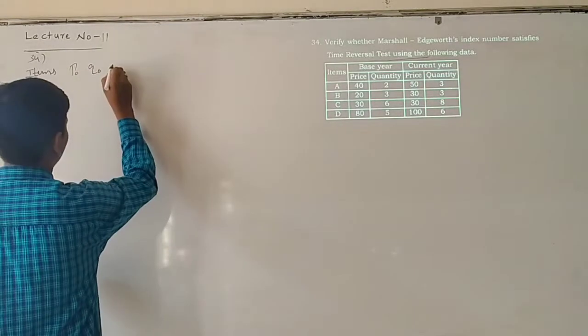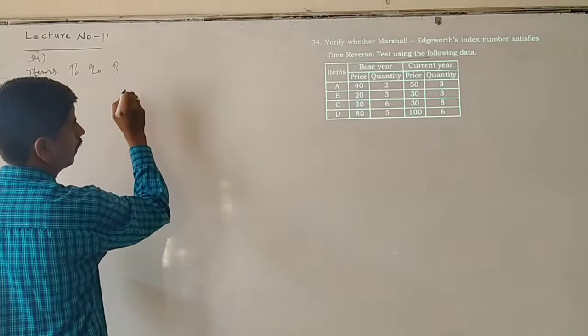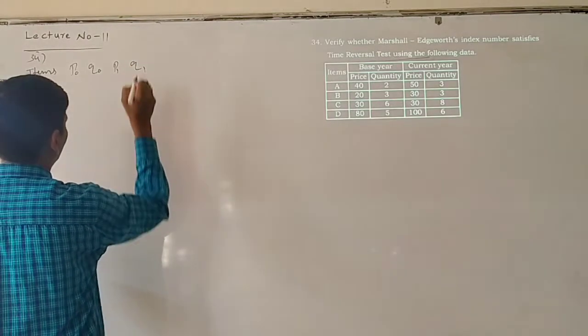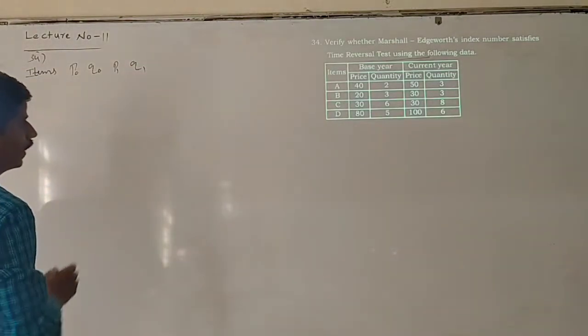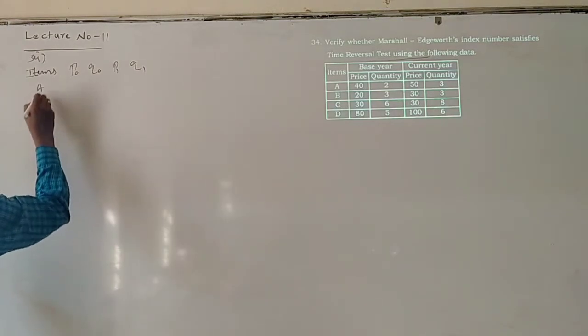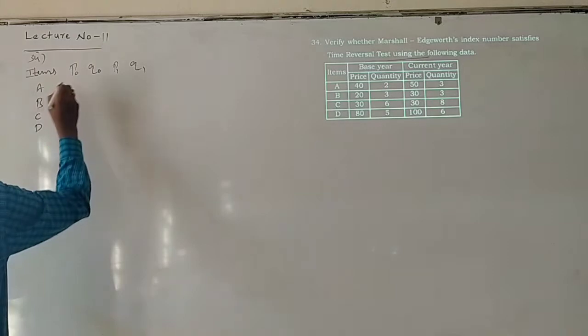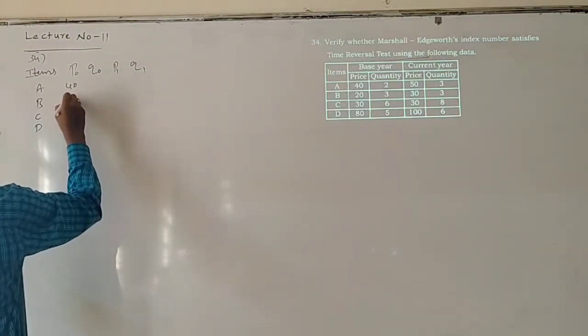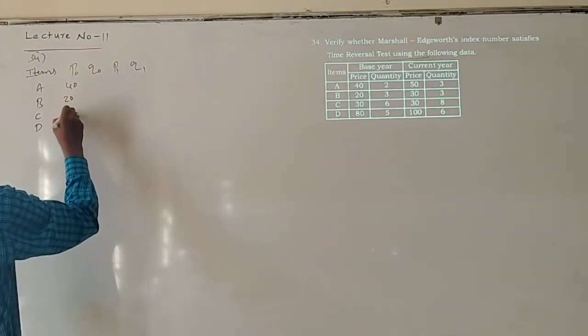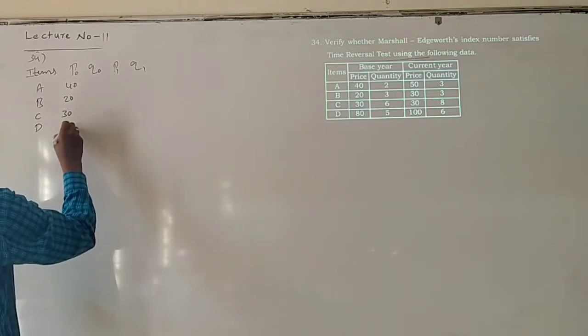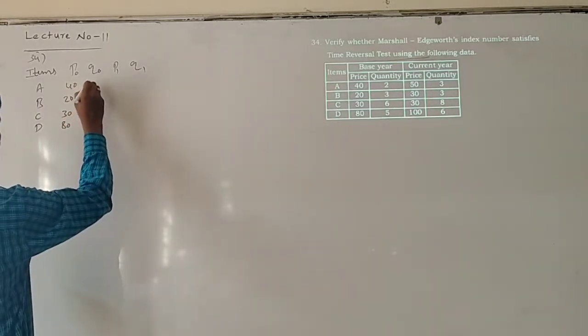Current year price is P1 and current year quantity is Q1. Okay, items A, B, C, D with respect to price 40, 20, 30 and 80. The next Q0 value is 2, 3, 6, 5.